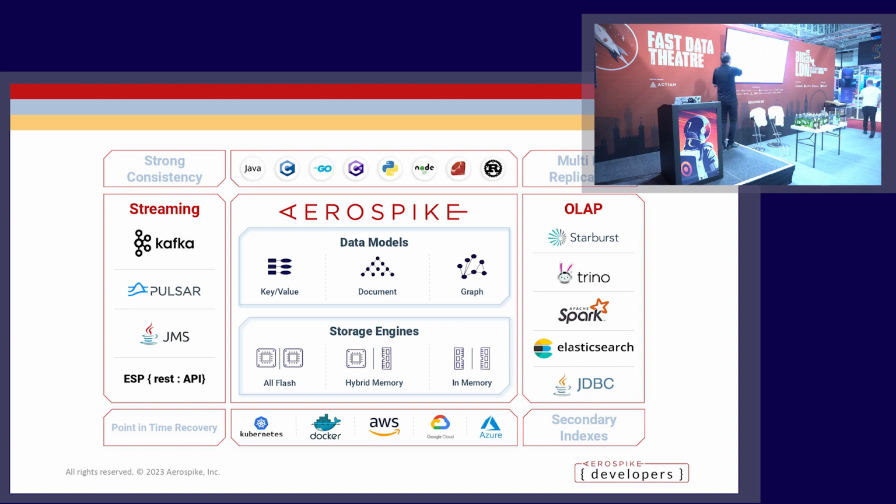And then we use that to replicate the data to the other data centers in Aerospike. We can also use that for something called change data capture. The change data capture module that we have can handle complex transformations, right? So you can do very crazy things.